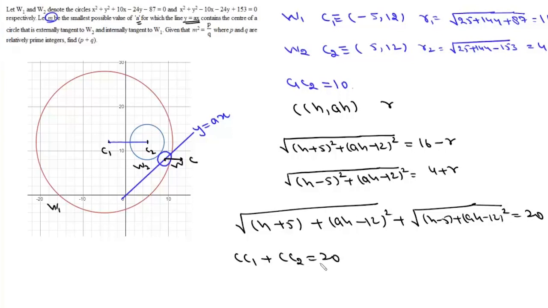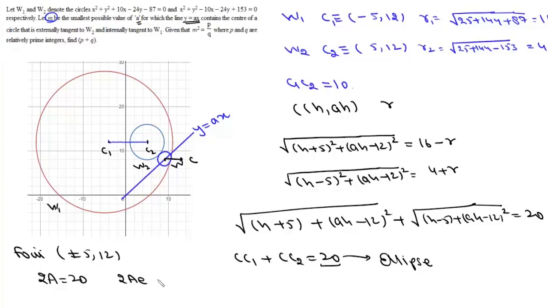So that means this point C will lie on an ellipse whose foci are at plus minus 5, 12, and this is equal to 2a, and we'll use capital A. So 2a equals 20, and the distance between the centers, which is 10, is 2ae.